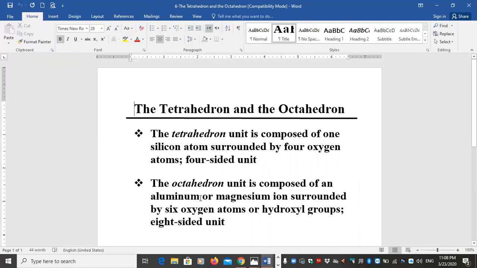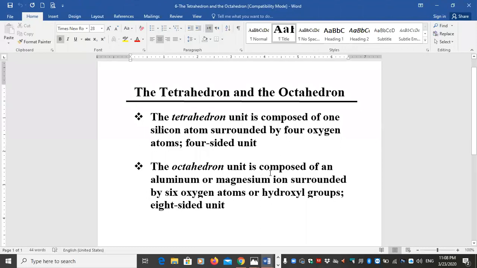The tetrahedron and octahedron. The tetrahedron unit is composed of one silicon atom surrounded by four oxygen atoms. So it's a four-sided unit. That's where the name comes from. Tetra, four-sided unit. The octahedron unit is composed of an aluminum or magnesium ion surrounded by six oxygen atoms or hydroxyl groups, an eight-sided unit.